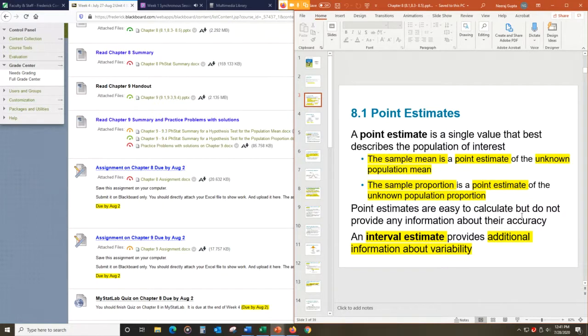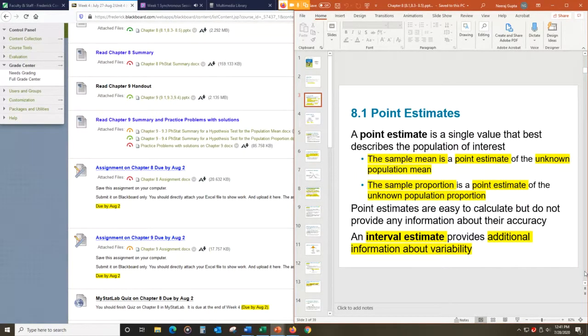Now, point estimates are easy to calculate, but they do not provide enough information about their accuracy, because if 100 samples have been chosen, we will have 100 sample means, 100 point estimates, and 100 sample proportions, so 100 point estimates for the proportion. Which one should we choose? So statisticians address that issue by providing the range, or the interval estimate.